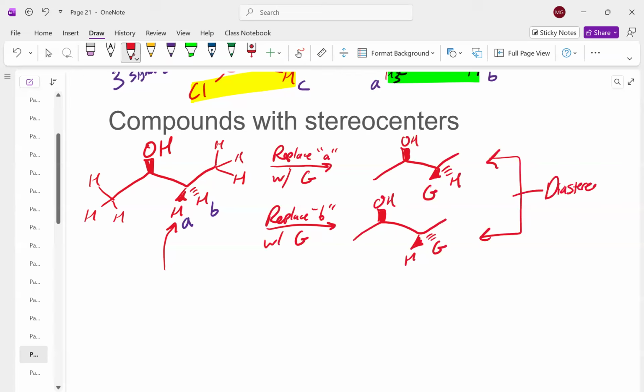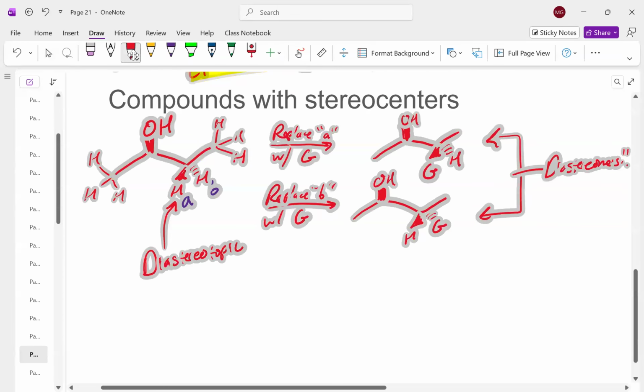They're diastereomers. If you do this exercise and you replace one hydrogen with a group and then the other hydrogen with a group, and you get diastereomers as a result, we call those two hydrogens, A and B, diastereotopic.